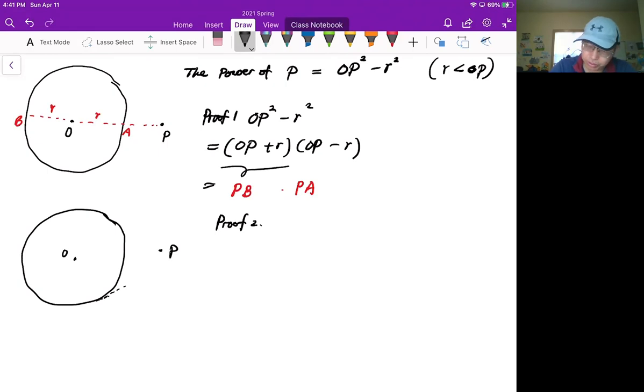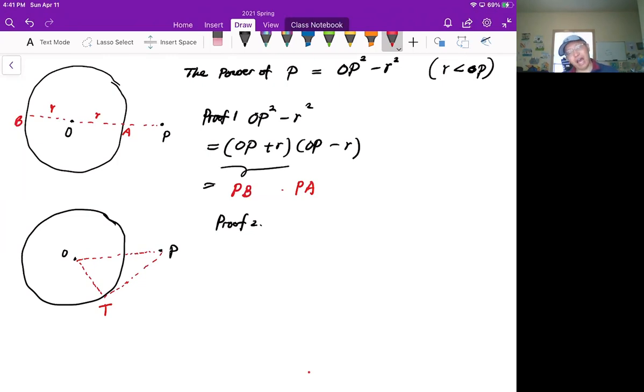Let me draw a tangent line. Let's see, it's hard to do. Okay, so I'm going to do it this way. First, I connect the OP, and I draw the tangent line, maybe somewhere here. So this is a tangent line, and suppose this is tangent, let me call the point T. So you draw a tangent line from P to the circle, right?